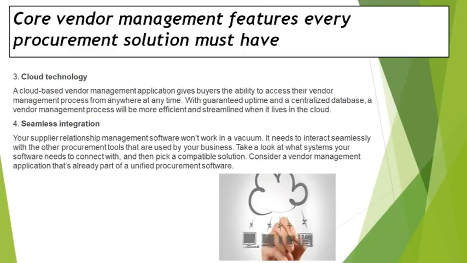Your supplier relationship management software won't work in a vacuum. It needs to interact seamlessly with the other procurement tools that are used by your business. Take a look at what systems your software needs to connect with and then pick a compatible solution. Consider whether a vendor management application is already part of a unified procurement software.